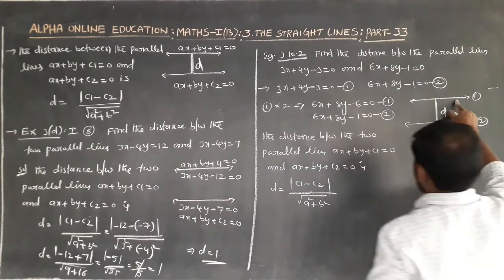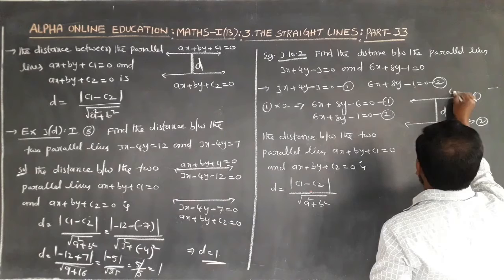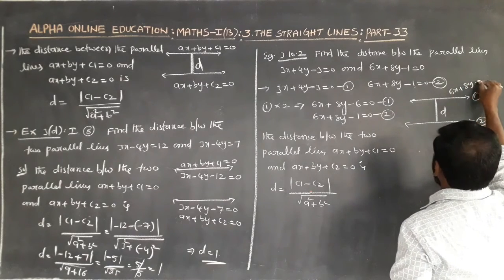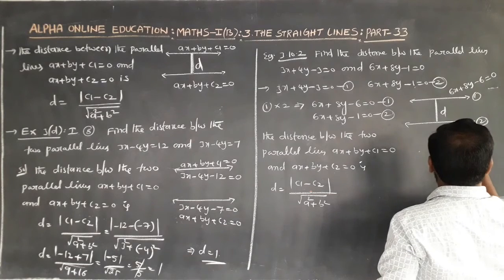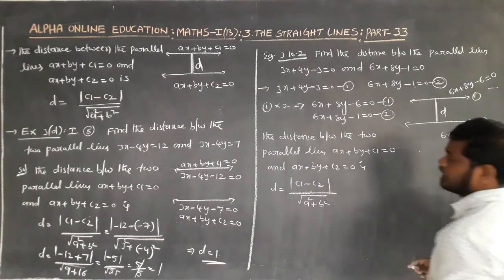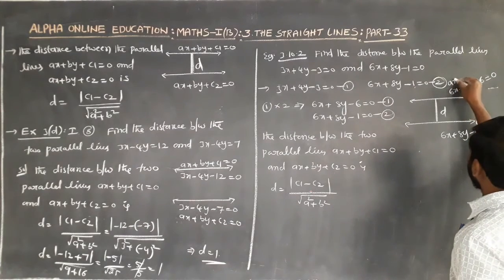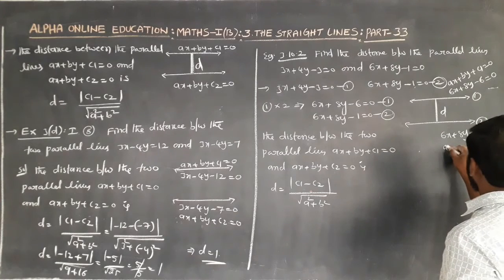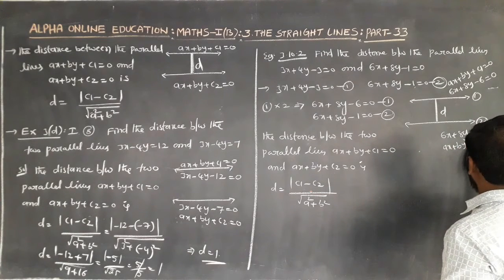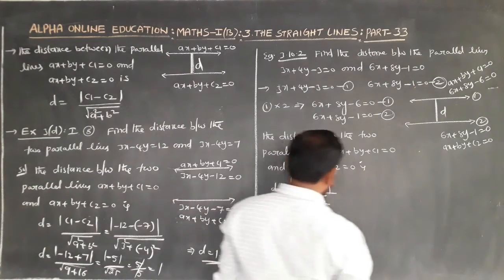This is the first line, this is the second line. The first line is 6x + 8y minus 6 = 0. The second line is 6x + 8y minus 1 = 0.